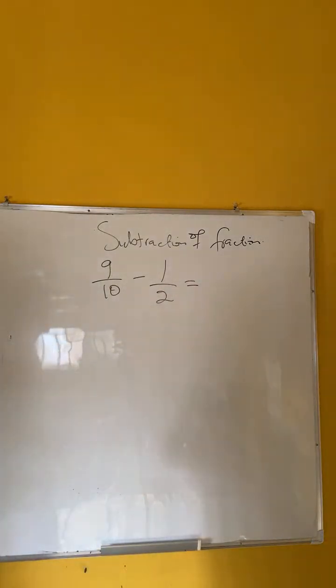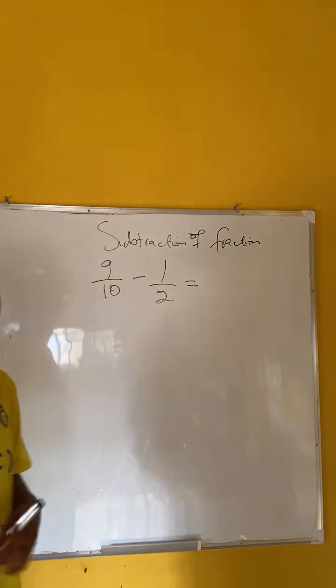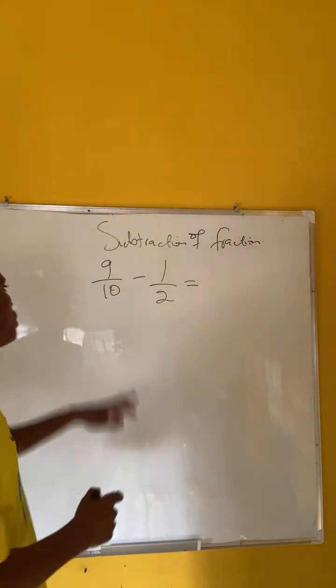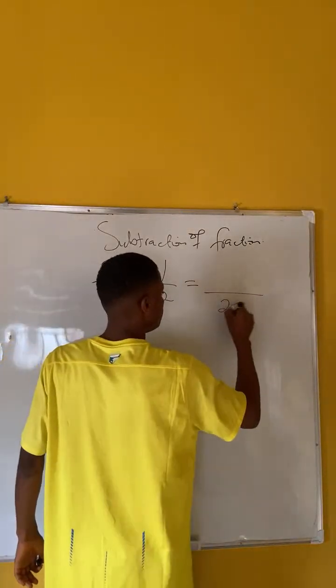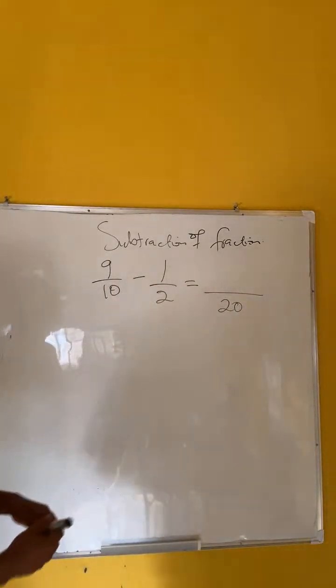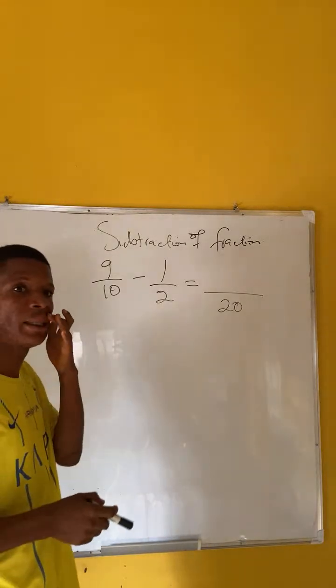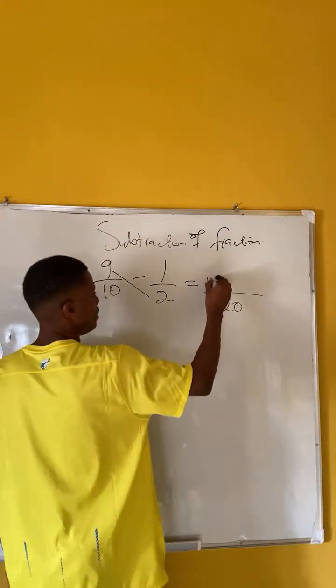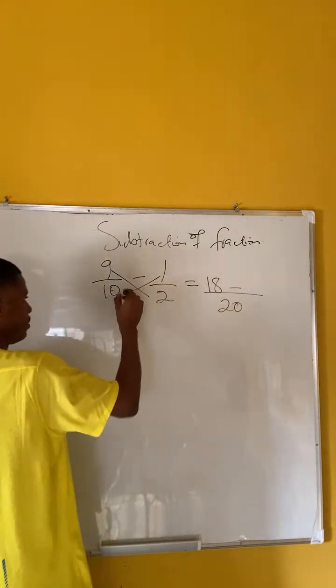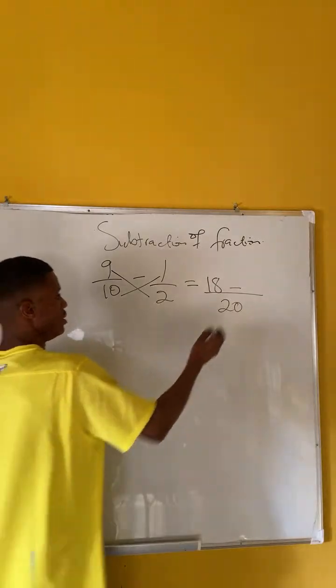If you look at this, we also make use of that diagonal multiplication. So multiply 2 and 10 to get 20. Then the next thing we do is to multiply diagonally. So you multiply 9 times 2 is 18 minus 1 times 10 is 10.